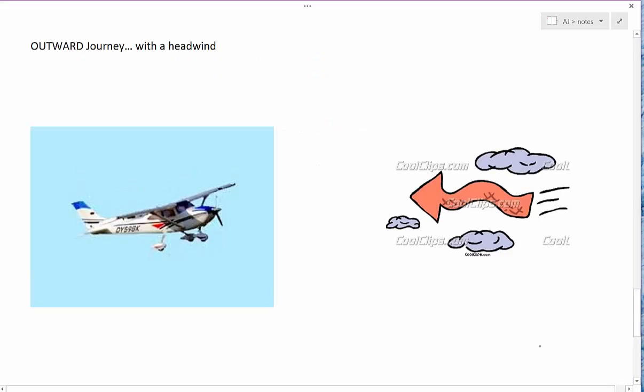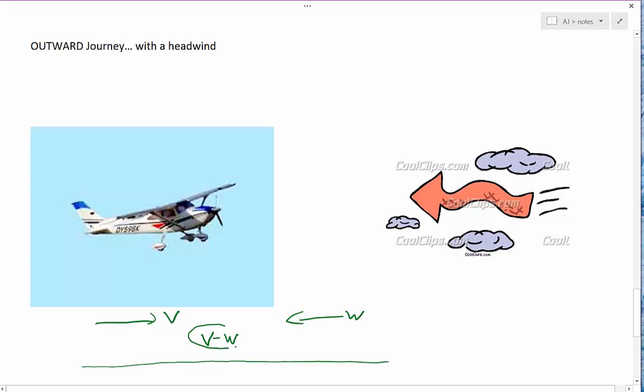So on the outbound journey, the plane is travelling with a forward speed of v against a headwind of w. Therefore, its speed over the ground is actually being slowed down by the headwind. So its speed over the ground is v minus w.